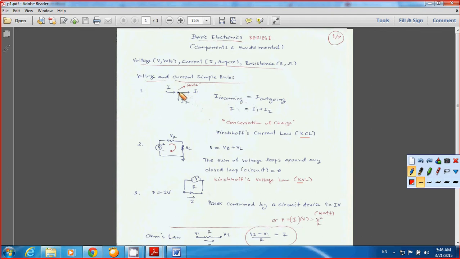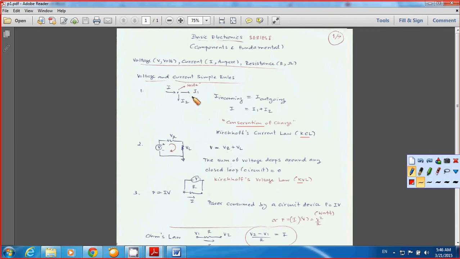As in the picture here, the incoming current I equals I1 plus I2, the outgoing currents. It simply comes from conservation of charge.